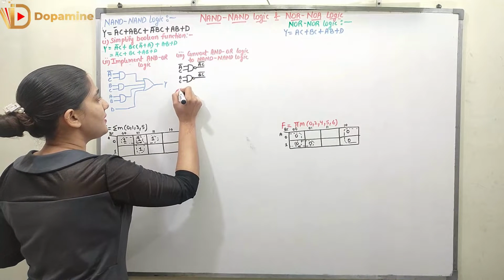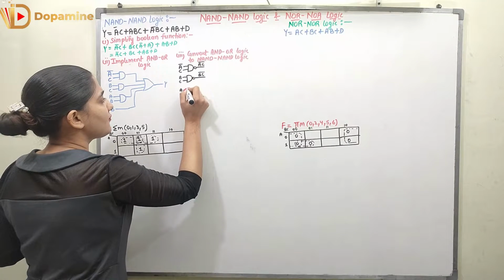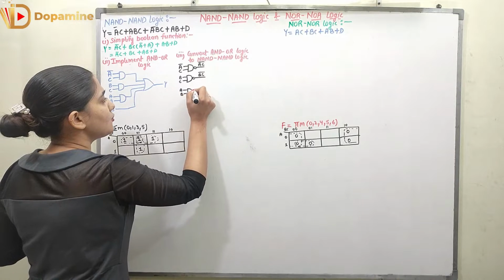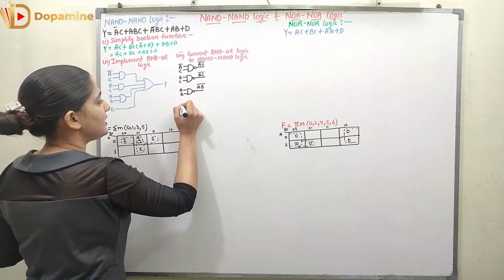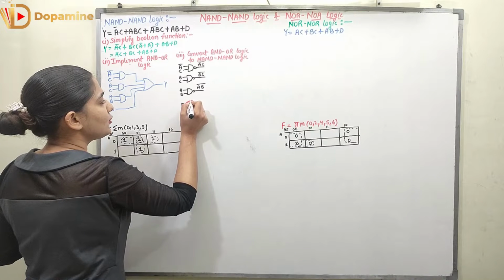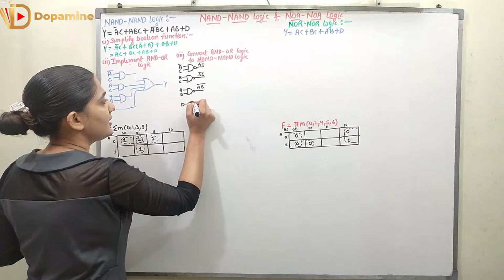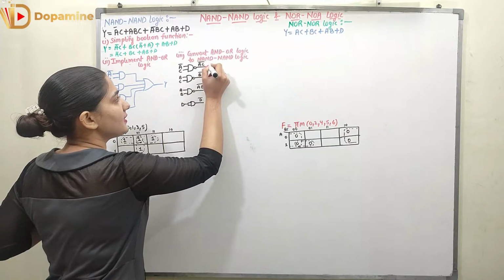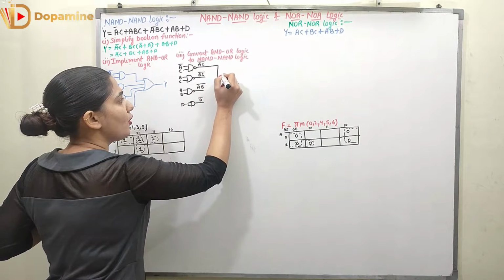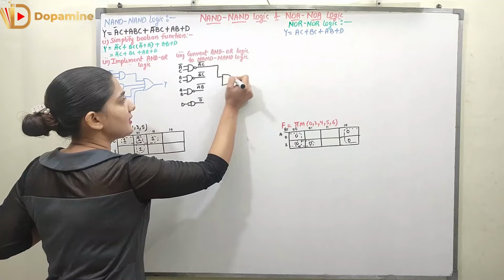Then we have a and b, so again you send it to the NAND gate, you get ab whole bar. Then you have d, you send d to a NAND gate as an inverter, and you get d bar. All of them are complemented. Now we are going to send all of them to a NAND gate.